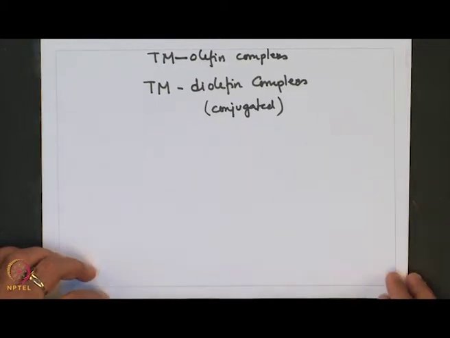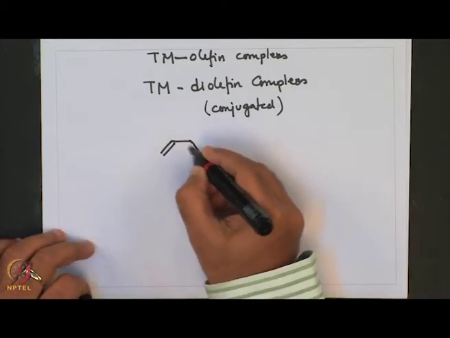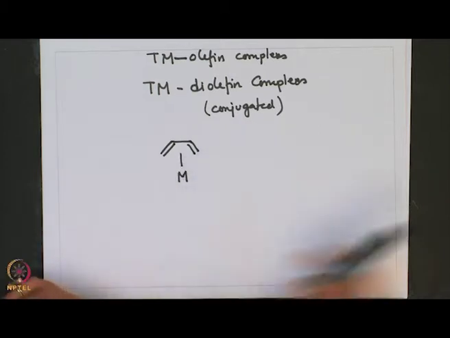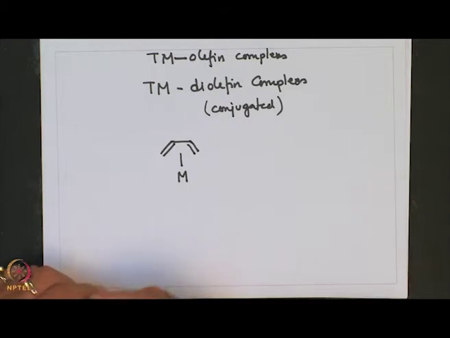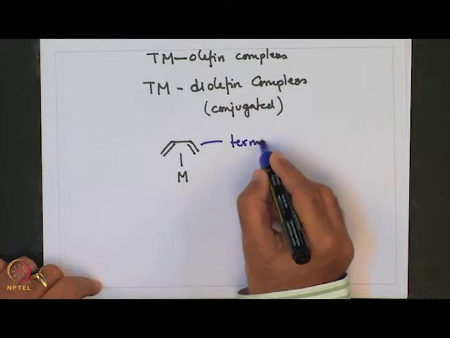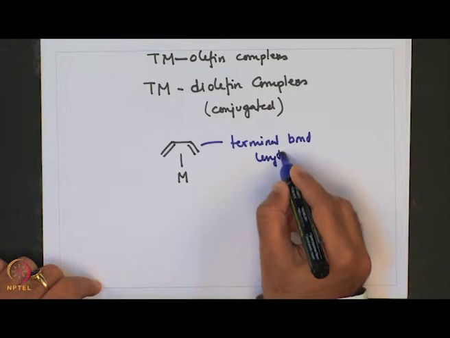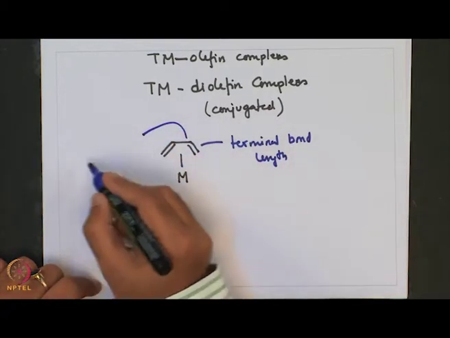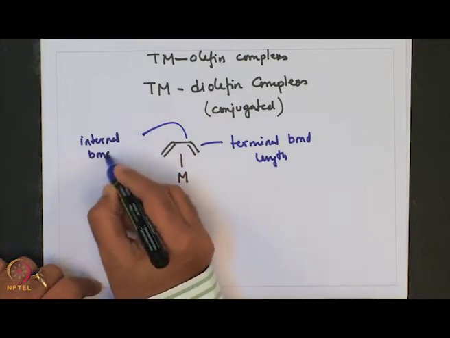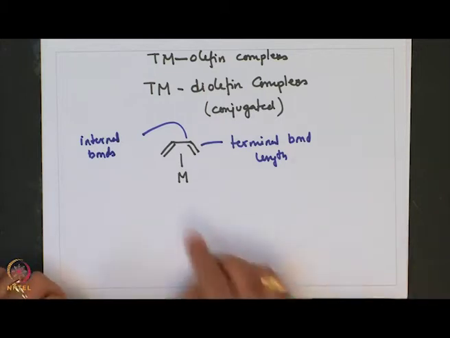As an example, we had seen that for the butadiene complex, when butadiene is bound to the metal, the terminal bonds and the CC internal bonds change upon coordination to the metal.